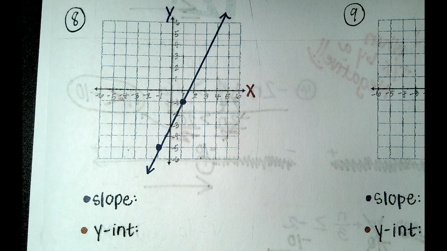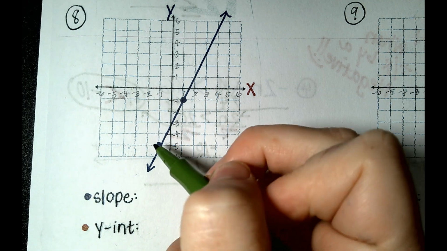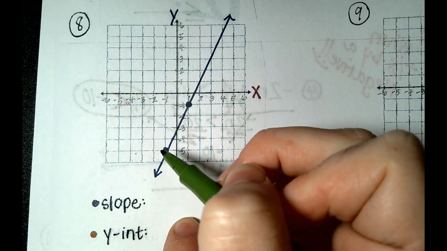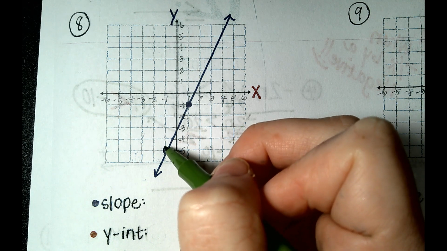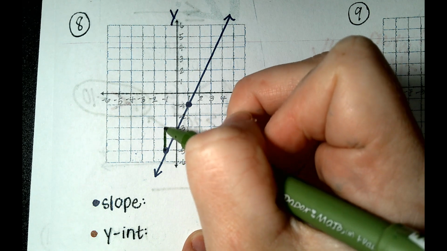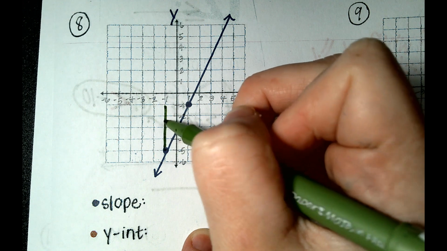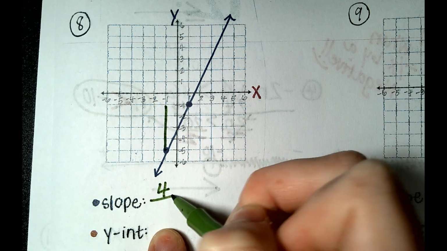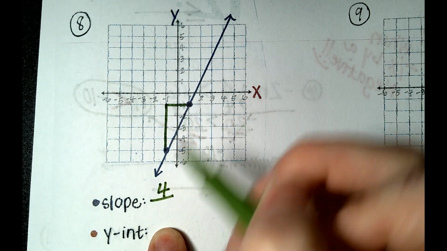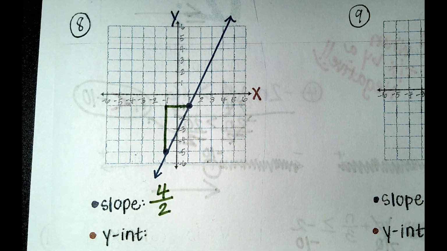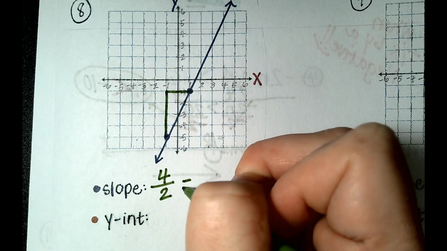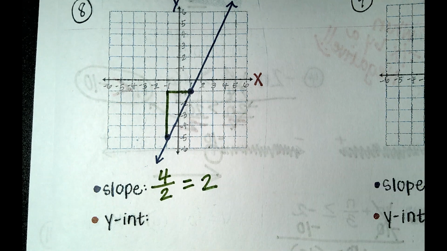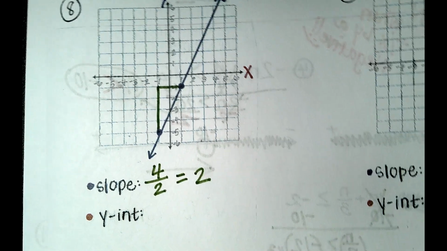How far do I run? So we're always going to go left to right. I'm going to start here. How many spaces will I rise? 4. 1, 2, 3, 4. So that's my rise. And my run, 2. So my slope is 4 over 2. We could also say 2 or 2 over 1, whatever you like. Both are correct.